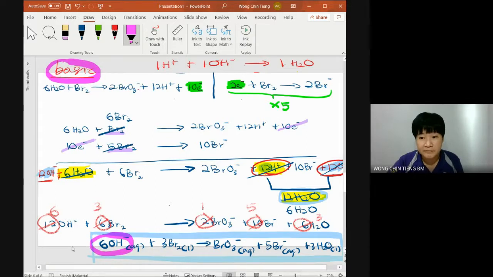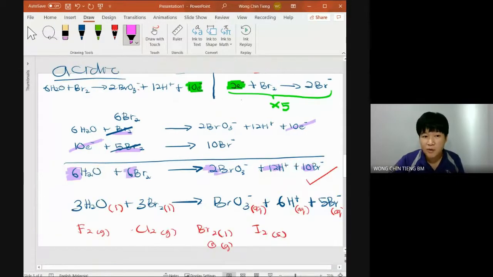OH tak kisah duduk kiri ke duduk kanan, tapi kalau soalan kamu adalah basic medium, in the final equation, you must have the OH, because it's a basic medium. And that is the reason why, look at your acidic medium on top of here. Dia akan berakhir dengan H+.